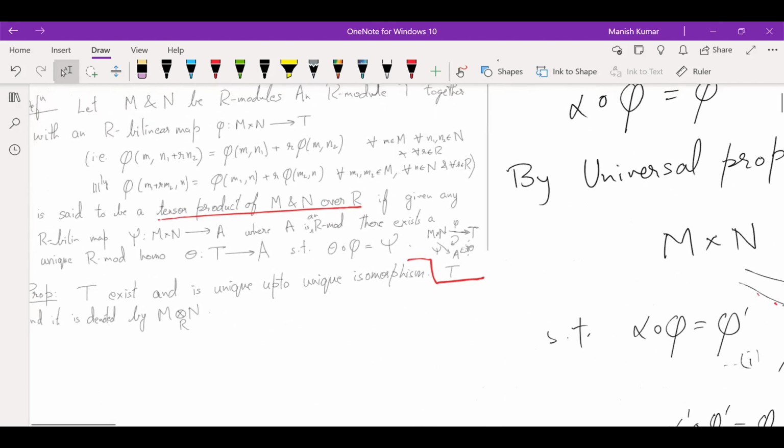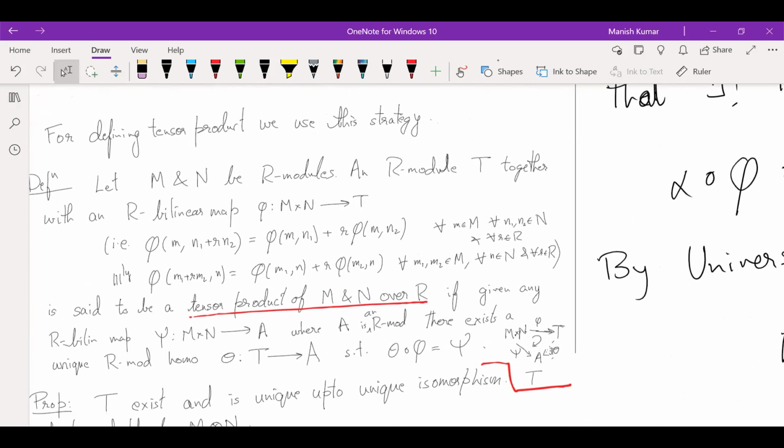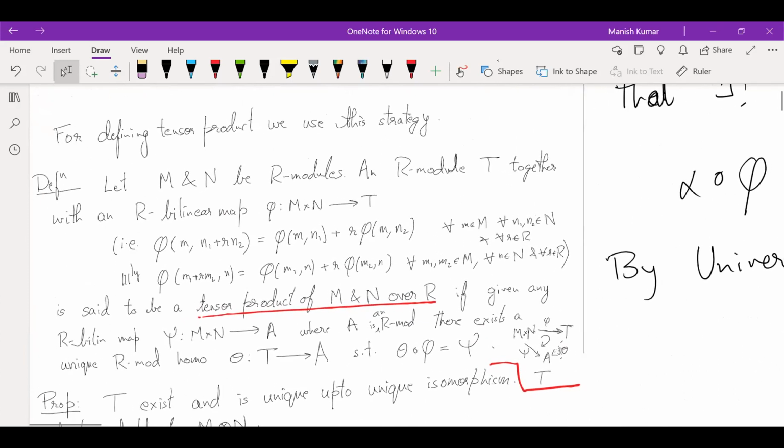So the definition is what you should remember. This definition is more useful than the construction. That's why it's not defined using the construction; it's defined in this particular way.